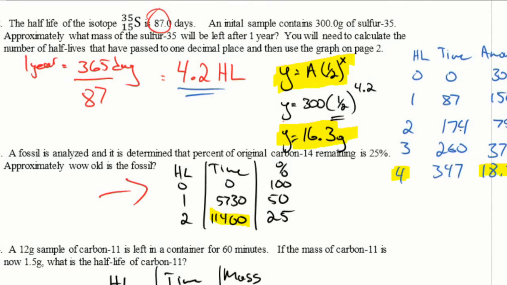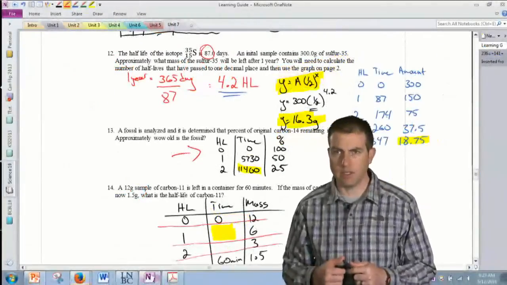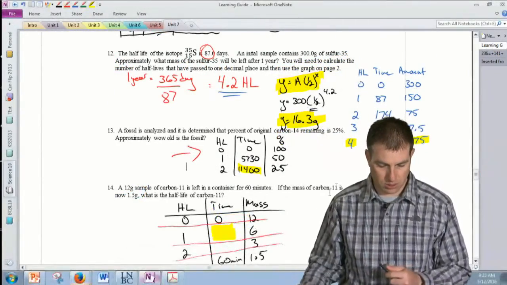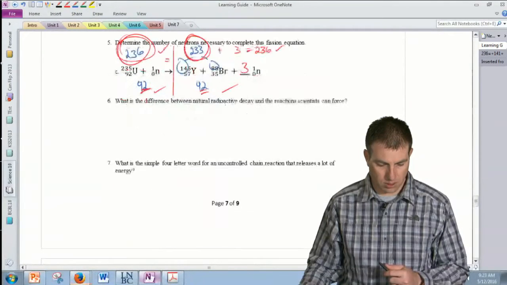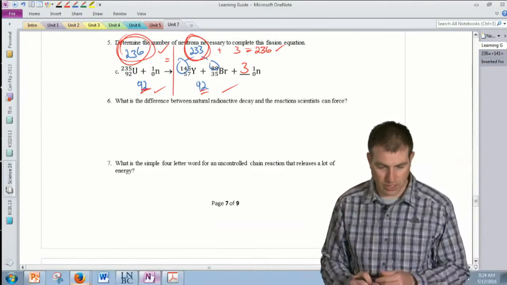And then number 7 on page 7. What is the simple 4-letter word for an uncontrolled chain reaction? Releases a lot of energy. Simple 4-letter word for an uncontrolled reaction.